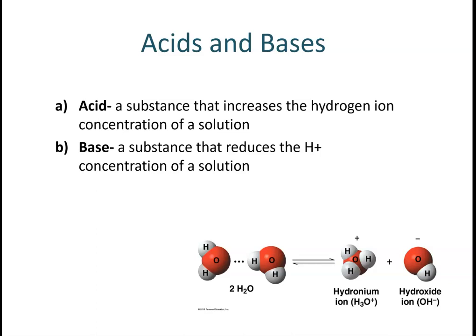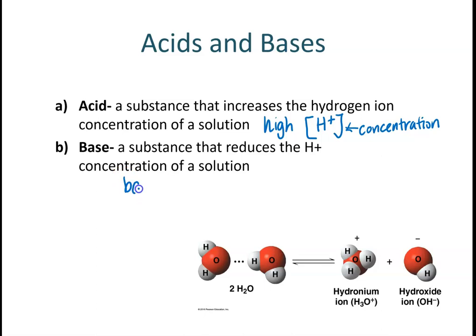Now, an acid is a substance that increases the hydrogen ion concentration of a solution. So an acidic solution is going to have a high hydrogen ion concentration. Those little brackets mean concentration. A base is a substance that reduces the H+ concentration of a solution.